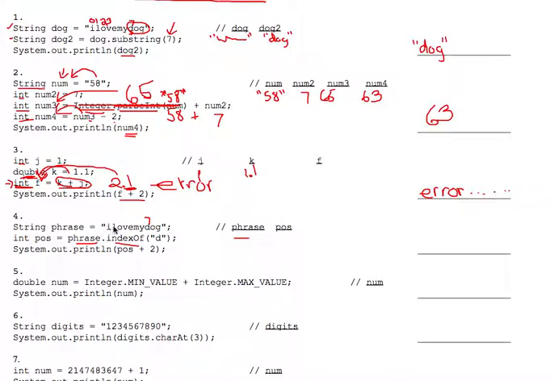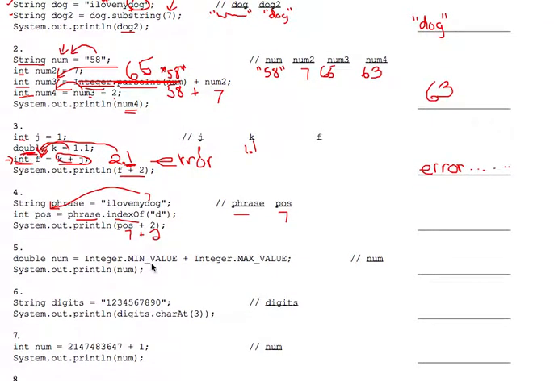So the number 7 plugs into the variable pos, which is short for position, I think. And that 7, because we work from inside the parentheses out, plus 2 mathematically works out to be 9. I'll leave it up to you to write the answer there without the double quotes, because that is not a string. That's just a plain old number. 7 plus 2, 9.